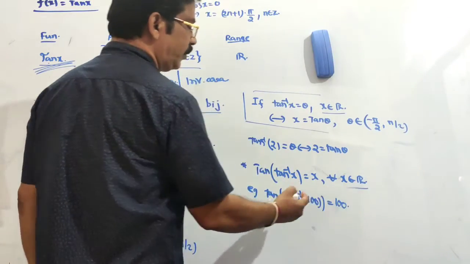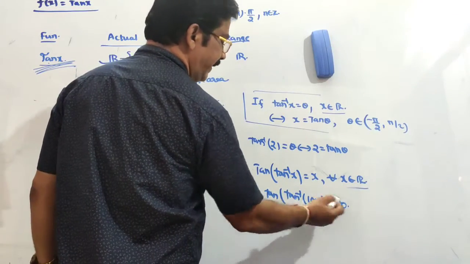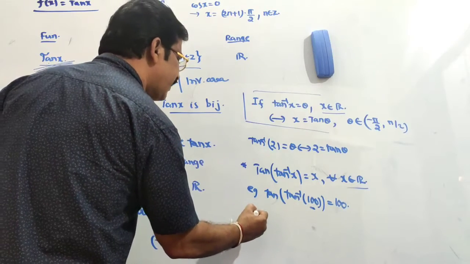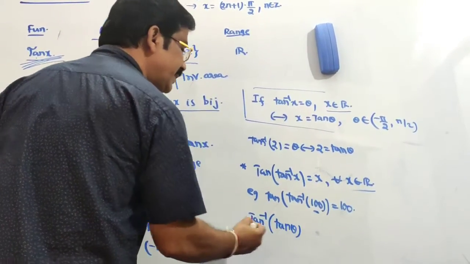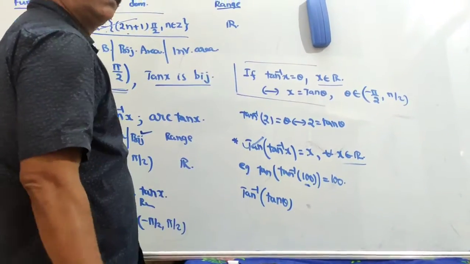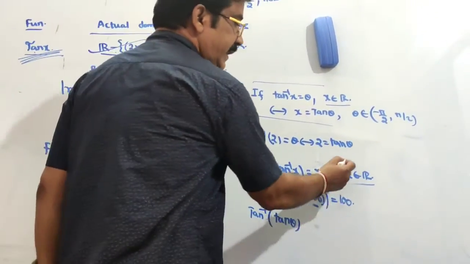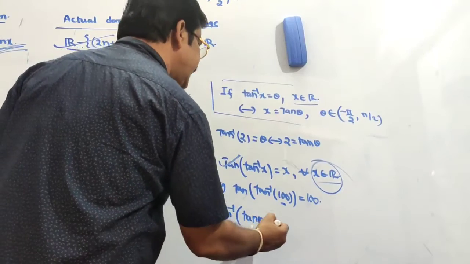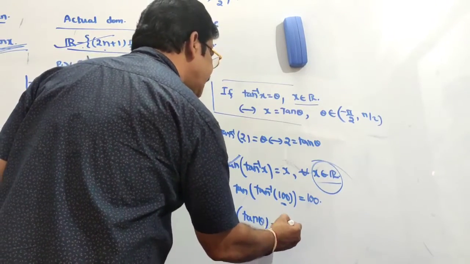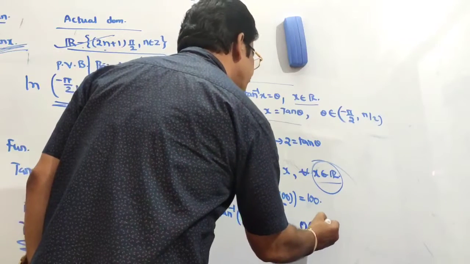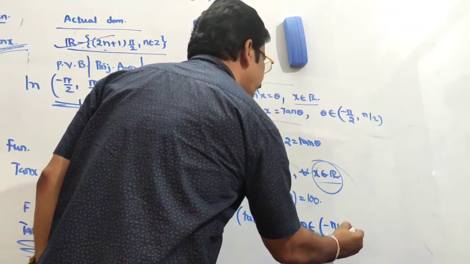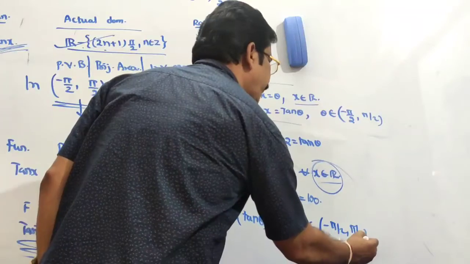For any real number we can write like that. Next, another formula: tan inverse of tan theta. For the previous statement there is no failure case, because we can take any real number. Tan inverse of tan theta is equal to theta, where theta must belong to the open interval of minus pi by 2 to plus pi by 2.